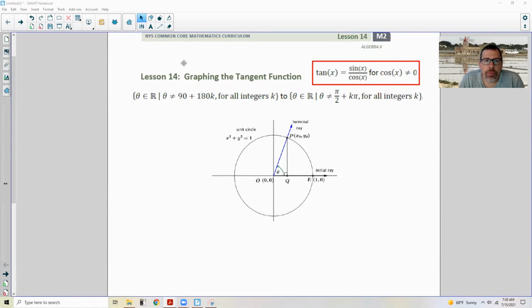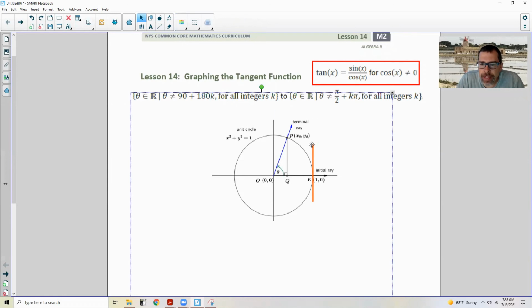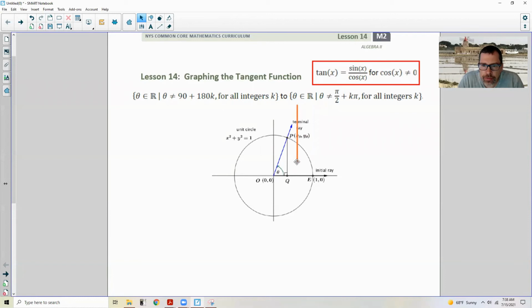Okay, so I need to be a little more clear about that. Let me put that tangent line back. So we're not taking the slope of the tangent line. If our tangent line is here, the slope of the terminal ray is what we're taking, is what the tangent is. So the slope of the terminal ray here is 0. And the slope of the terminal ray up here, let me just flatten this out like so and bring this up here.